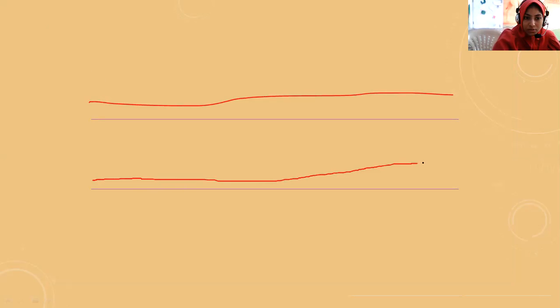Okay, now you can see that there are two lines. I'm drawing them roughly. One is this and the second is this. These are our line segments because both contain endpoints. Let me make the endpoints.